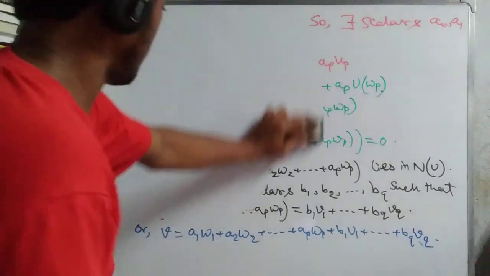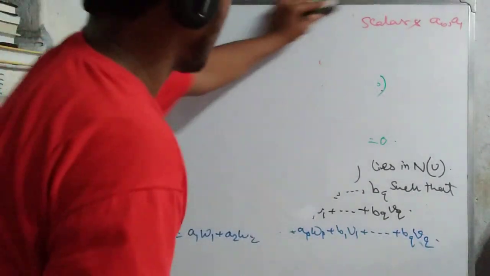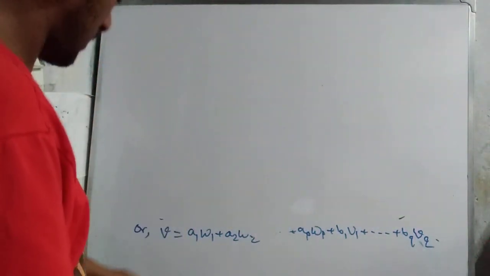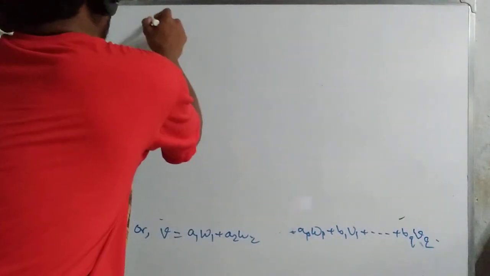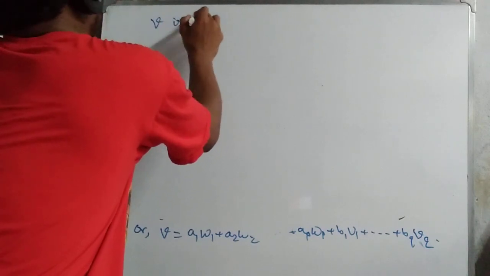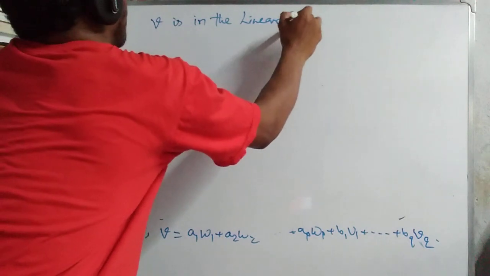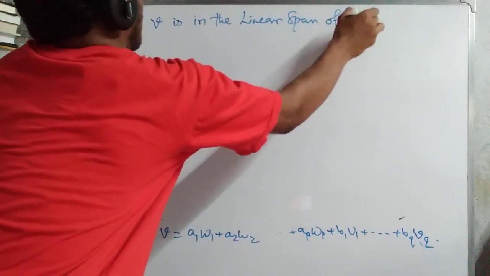So that means v is in the linear span of beta.